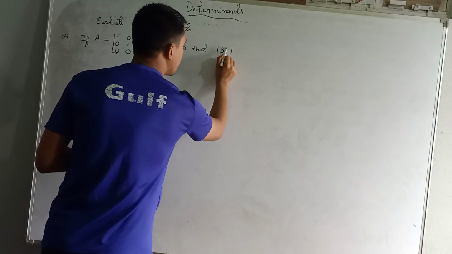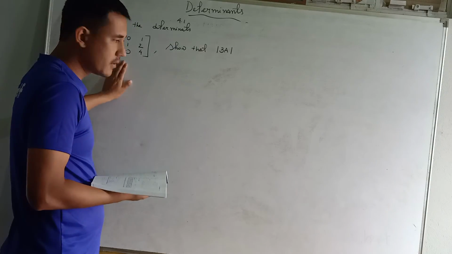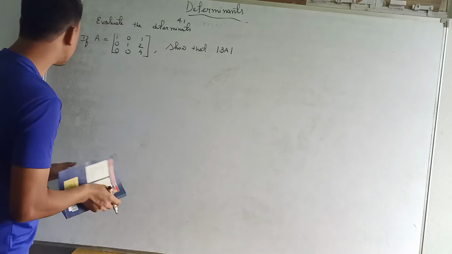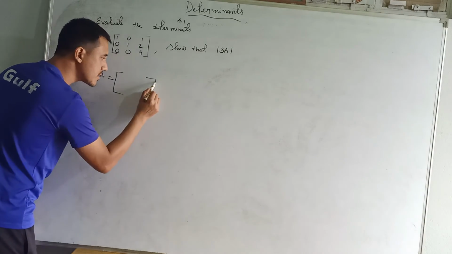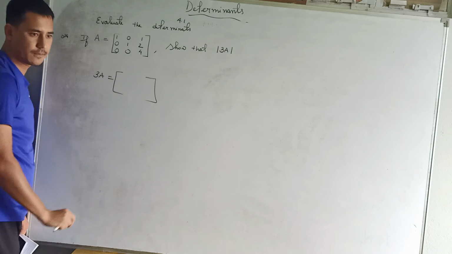determinant of 3A. If A is a matrix, 3A also will be a matrix, right? If A is a matrix, then 3 times A will give you another matrix. So you need to find out the determinant of that matrix.